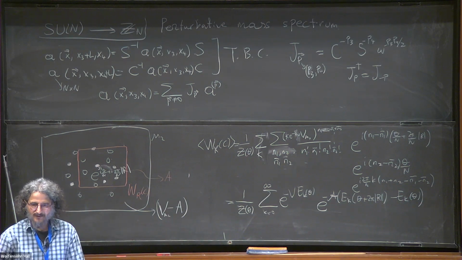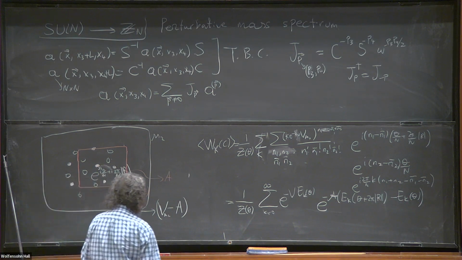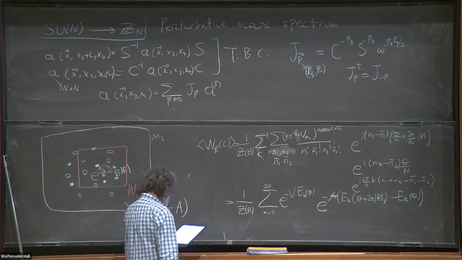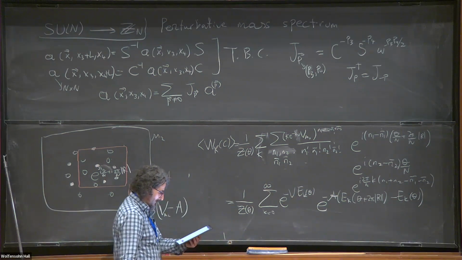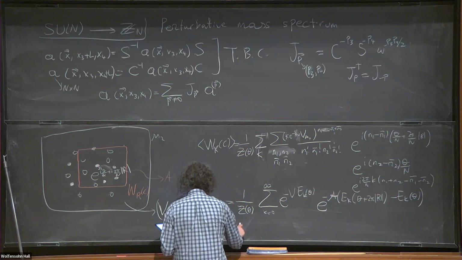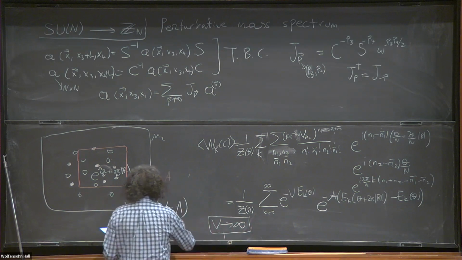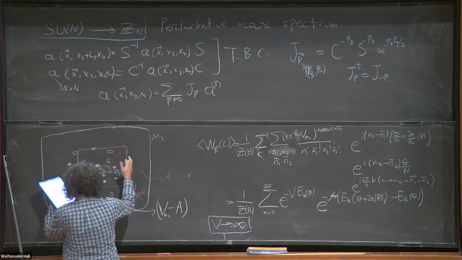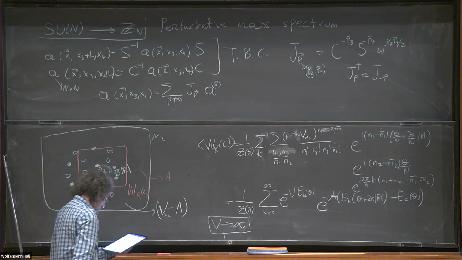So let us restrict the theta angle to be between pi and minus pi. In that case, k equals 0 is the vacuum. And we want to take the volume to infinity limit. We keep the Wilson loop fixed there and take the volume to infinity.